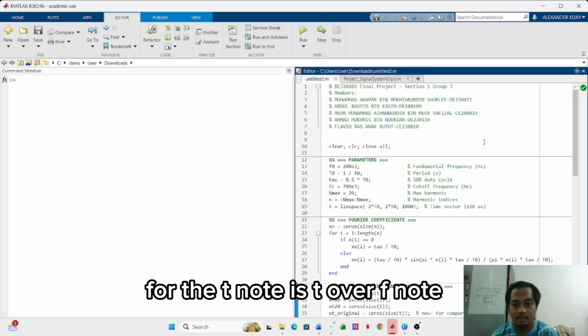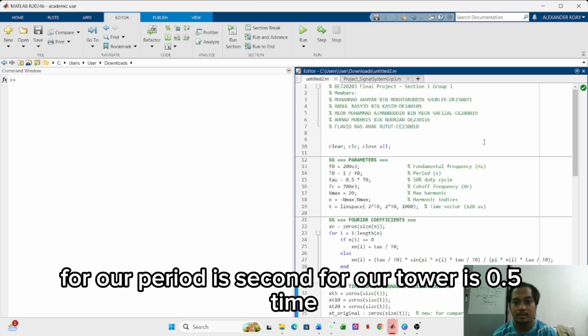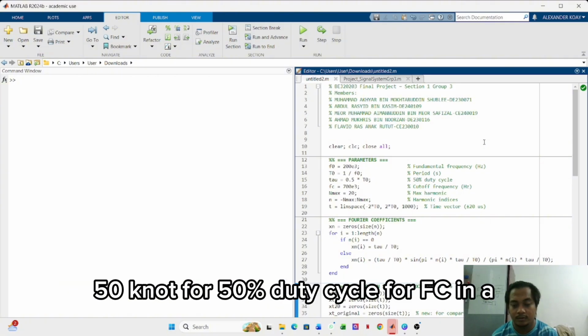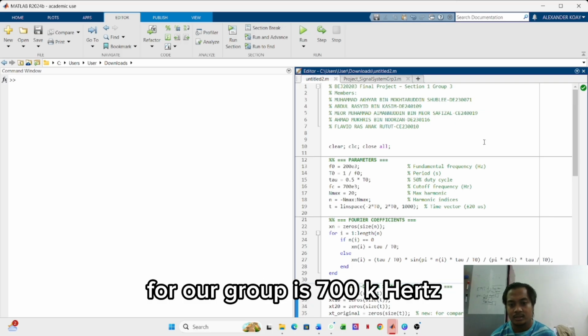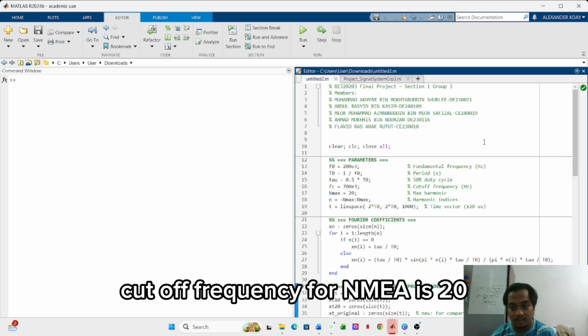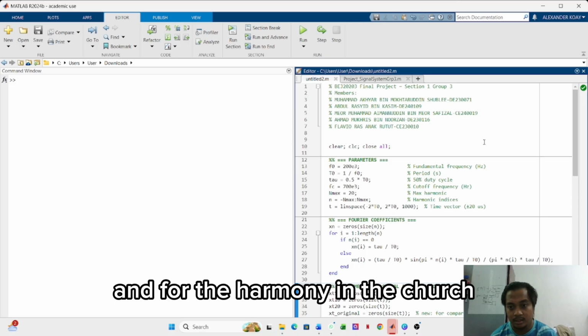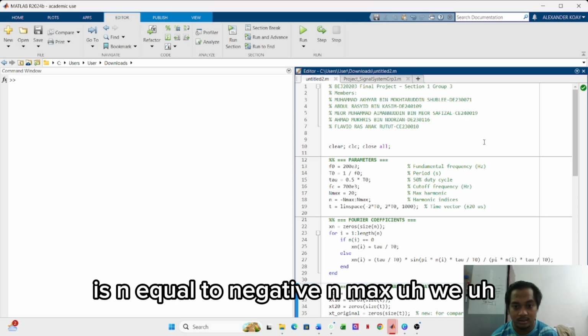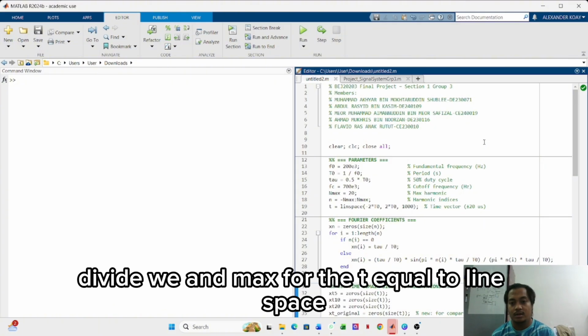T0 is 1 over F0, our period in seconds. Tau is 0.5 times T0 for a 50% duty cycle. Fc for our group is 700 kHz, the cutoff frequency. N max is 20, and for the harmonic integers, n goes from negative n max to n max.